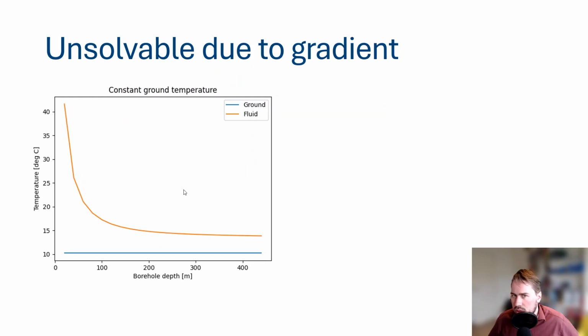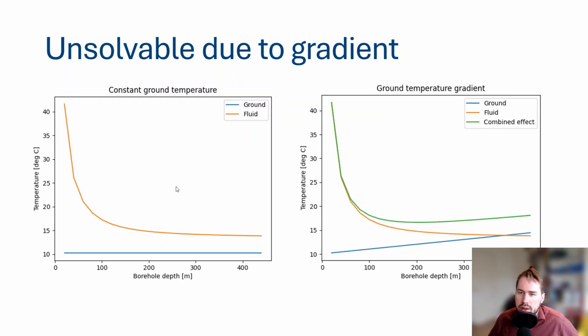Now this is for a constant ground temperature. Now, in case you have a temperature gradient, you can see that your ground temperature increases in depth, and we have our same fluid effect. So when we increase the borehole depth, our fluid temperature decreases. But of course, we need to combine both effects. So our fluid temperature decreases due to the fact that we now have more borehole length, but we need to add the ground temperature, so we have here a combined effect.